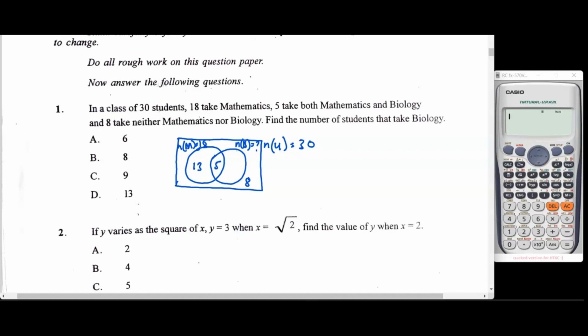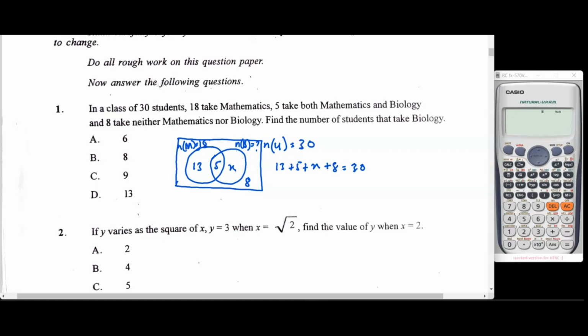Going further, then we are looking for only biology. There are different ways of doing that. You can just put a variable there. Let's say x. So we have it as 13 plus 5 plus x plus 8 equal to the universal set, which is 30.